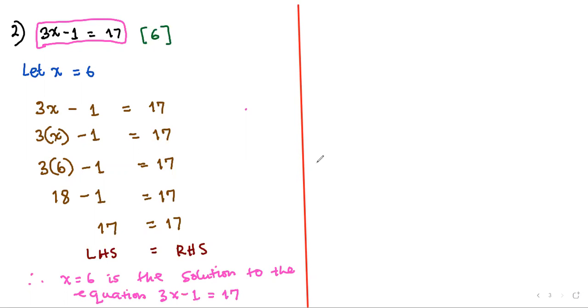Now, we check another one. I have got 4x divided by 6 is equal to 8. What does 4x mean for x? It's 4 times x. Very good. 4x means 4 times x.